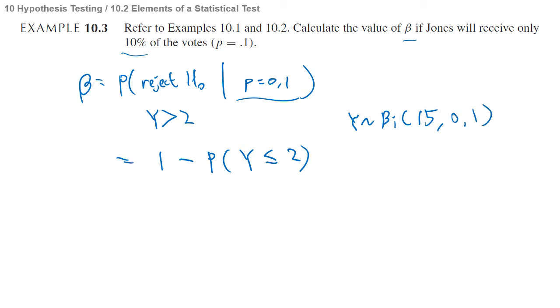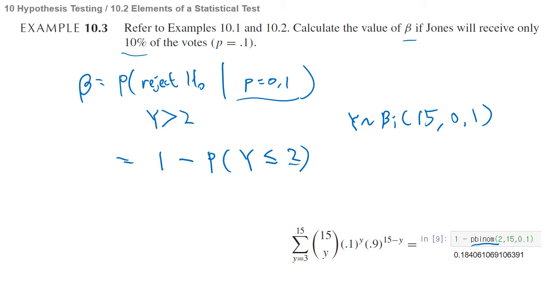And so we can calculate it using R again. So this time pbinom with 2, n equals 15 and p equals 0.1. And from here, our beta is this time 0.18. So we can see a lower number of beta.